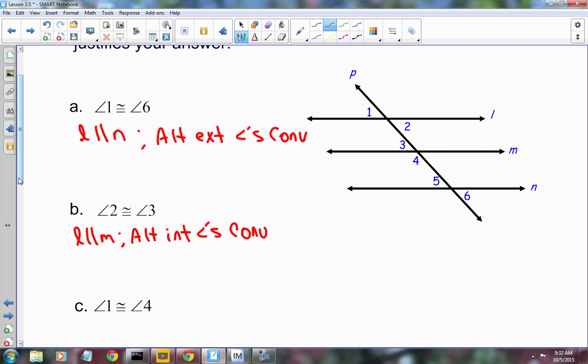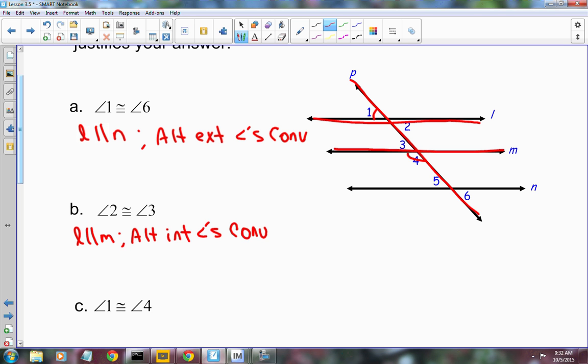Okay, how about 1 and 4? Those are congruent. Does that give me parallel lines? It does? What kind of angles are those? They're corresponding?